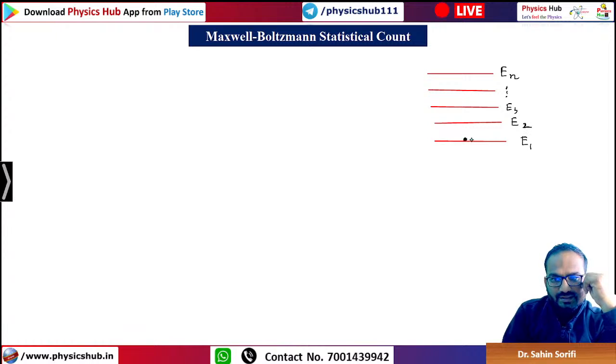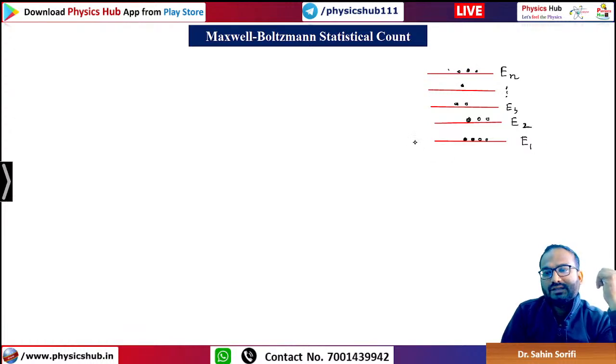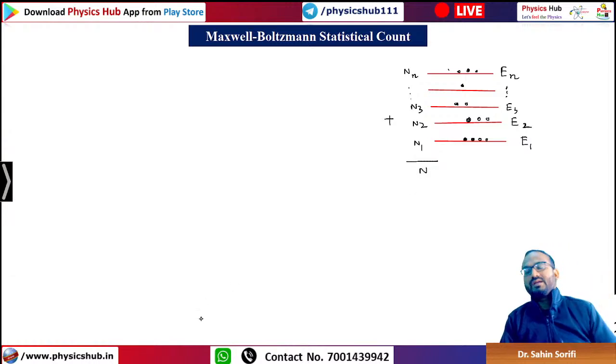Each level consists of particles. Let's denote that the E1 level contains N1 particles, E2 has N2, E3 has N3, and so on up to Nn. If I take the sum, this gives you N number of particles.